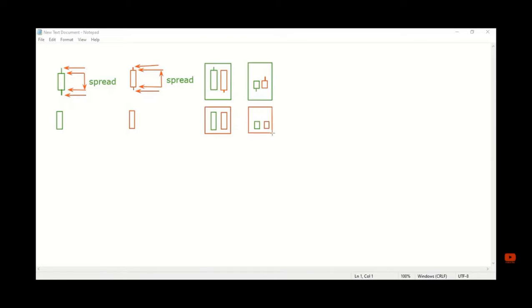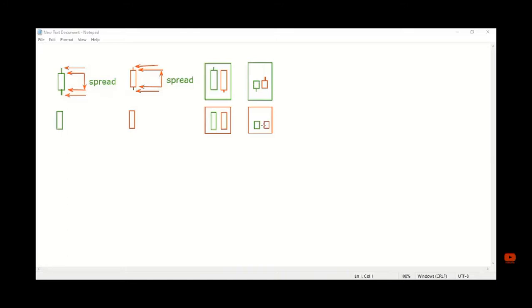Okay, so if we observe this candle size, that means this spread, the body part, and this volume bar, this is the strong body candlestick. Spread is large here, volume also high here. And here the spread is small, volume is also low.